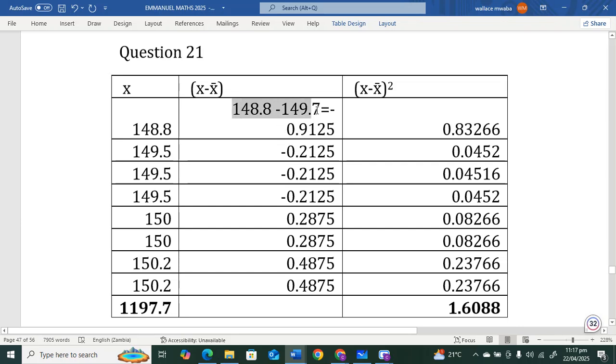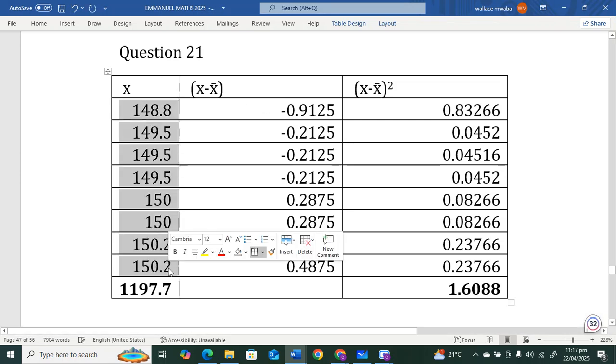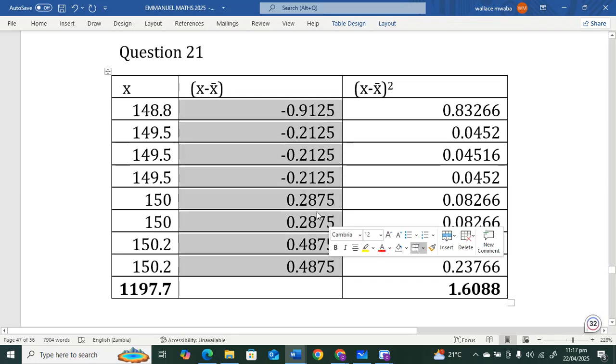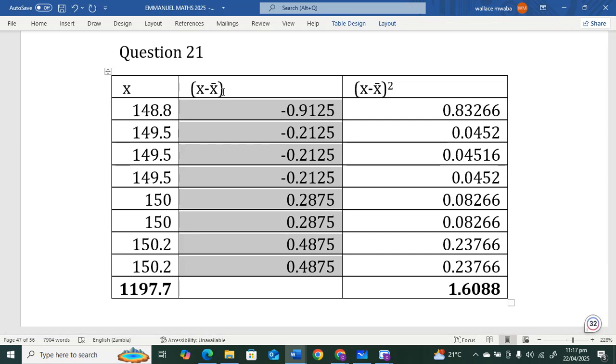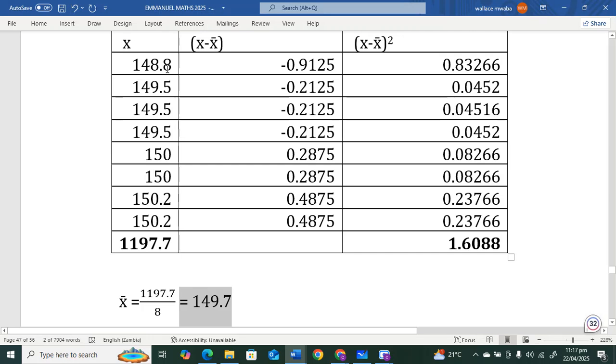You're just subtracting each of these weights by the mean. Are we okay with that, colleagues? That's how I got these values here. As you can see, x minus x bar. Minus the mean, 149.7. All of them you subtract.